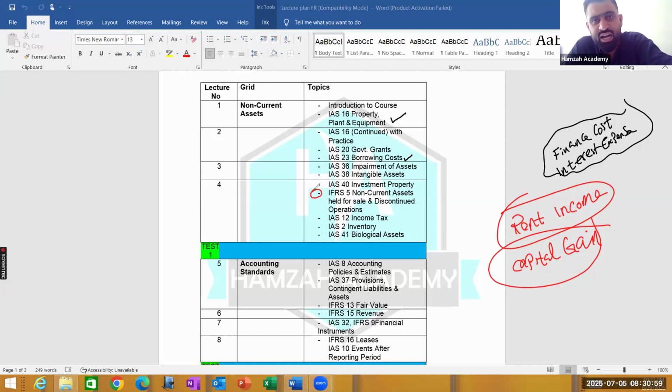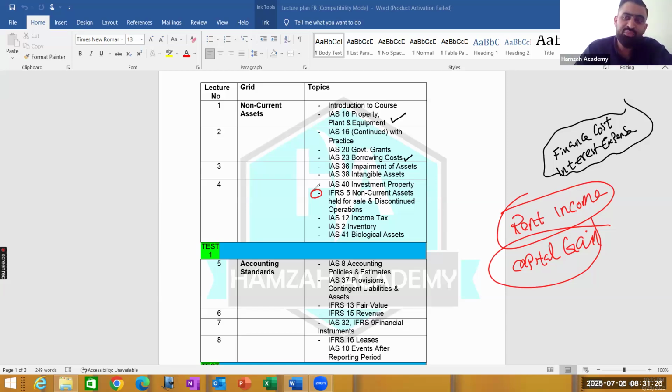We are going to dispose of that machine. Now, that machine, that plant, or that equipment will be known as non-current asset held for sale, and it will be accounted for under IFRS 5.